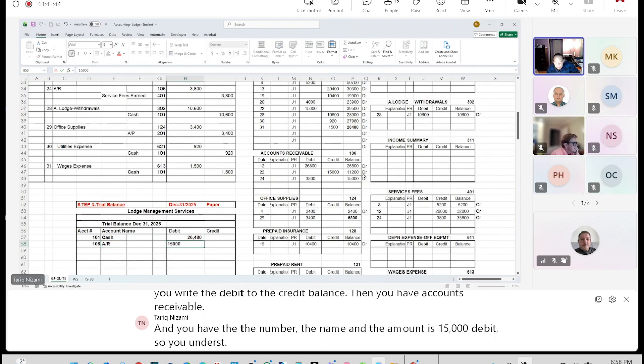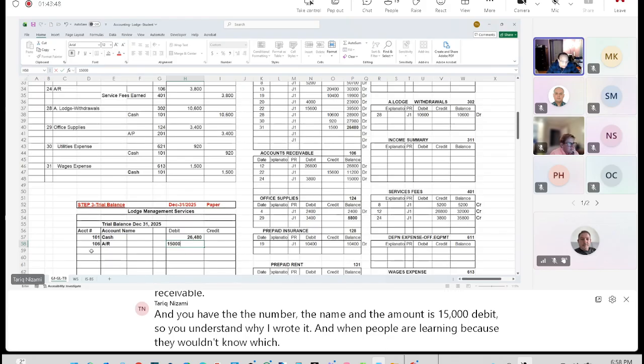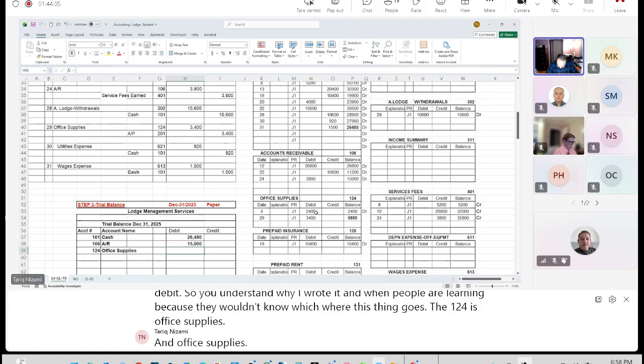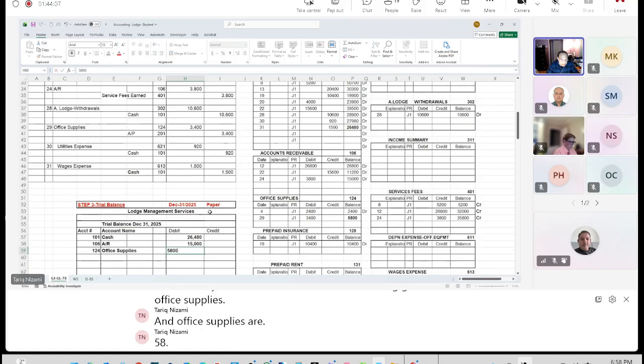So you understand why I wrote it, and when people are learning, because they wouldn't know where this thing goes. So 124 is office supplies. And office supplies are 5,800 debit.